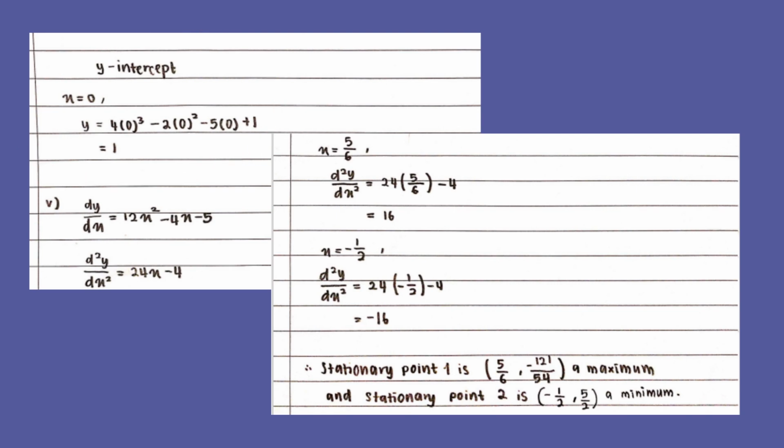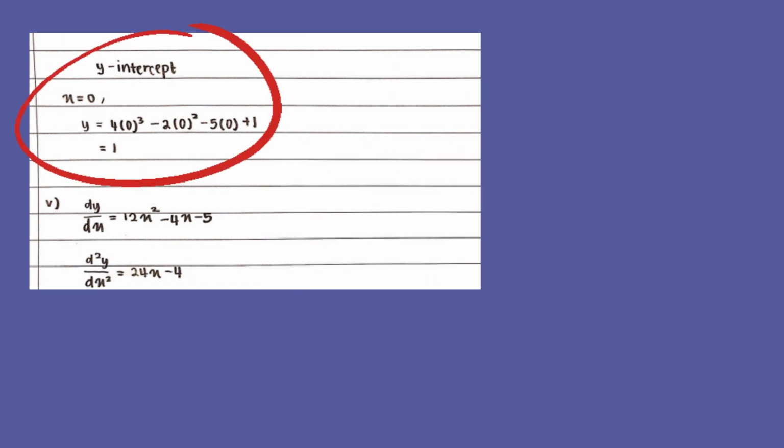Next, we need to find y-intercept. X equals to 0. Y equals to 4 times 0 cubed minus 2 times 0 squared minus 5 times 0 plus 1. It is equals to 1.